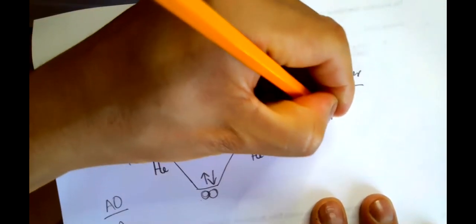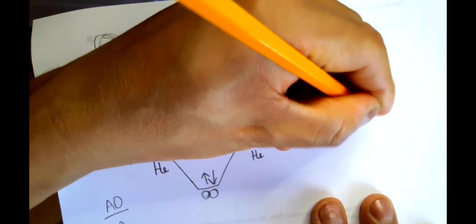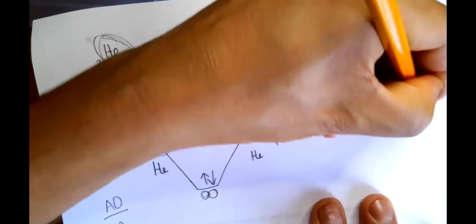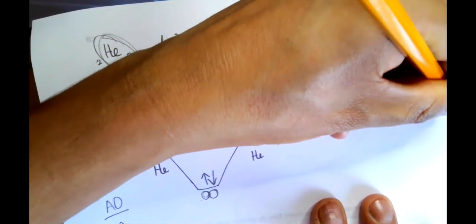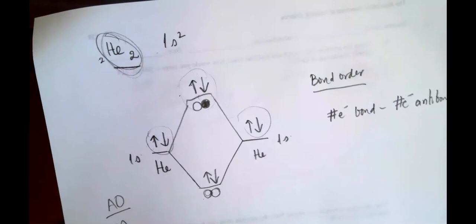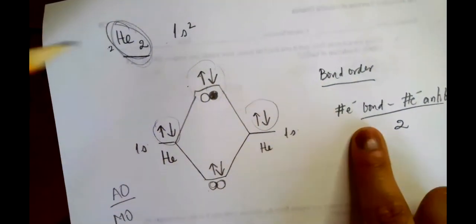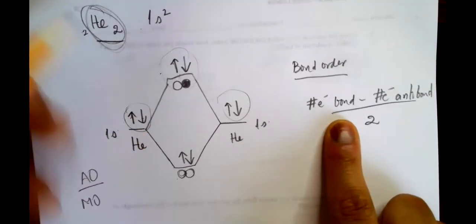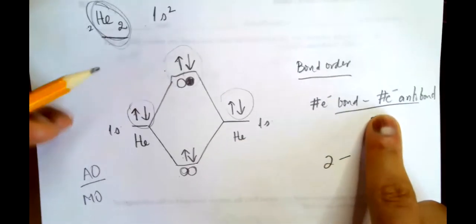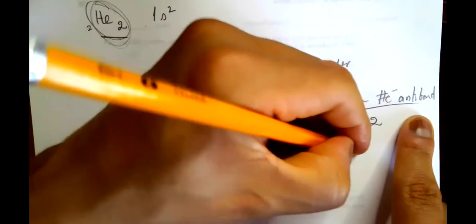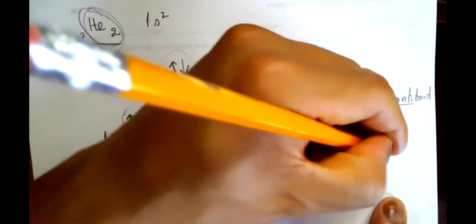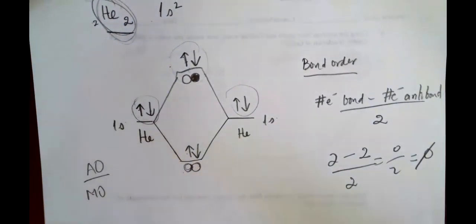Number of electrons in the bonding minus the number of electrons in the anti-bonding, divided by 2. In this case, I have 2 electrons in the bonding minus 2 electrons in the anti-bonding. 2 minus 2 divided by 2, 0 divided by 2, bond order 0. That means that this doesn't exist.